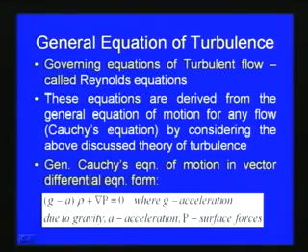So, this is the general Cauchy's equation. Based upon this we can write the 3 equations of motion for the general fluid flow, and these equations are transformed into the Reynolds equation by using the theory of turbulence.